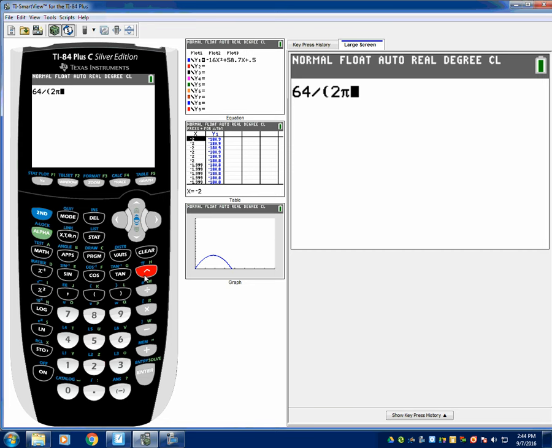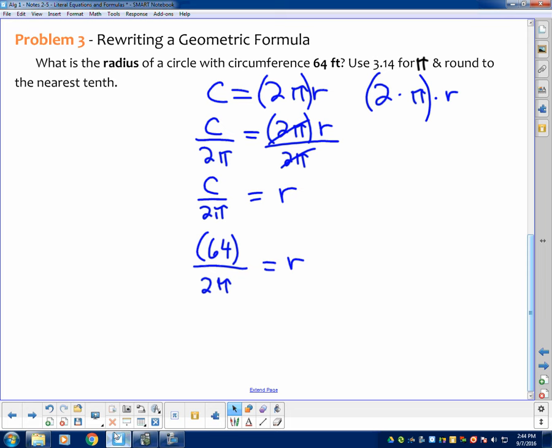But instead of using 3.14 for pi, just use the pi button. And we get about 10.2 if you round to the nearest tenth. I think that's what it asked us to round to. Yep, 10.2. So the radius, r, equals 10.2 feet. So a circle with a circumference of 64 feet has a radius of 10.2 feet.